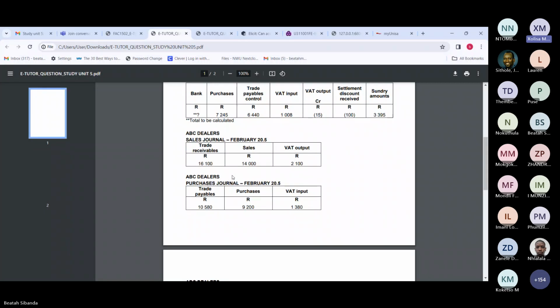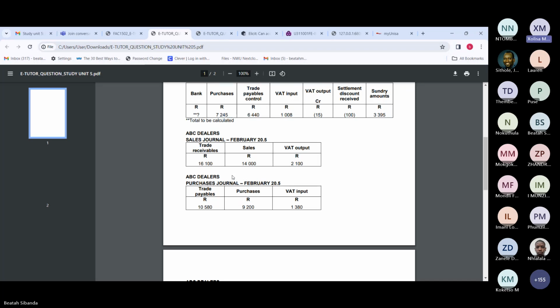revenue accounts, right? You've got your balance sheet, and then you've got items on your balance sheet, and items on your income statement, right? So sales is an item on your income statement.